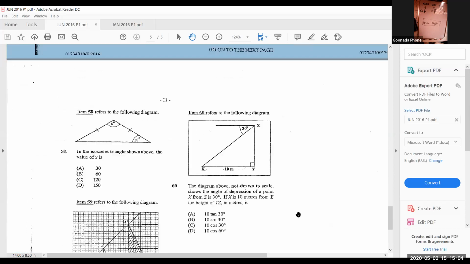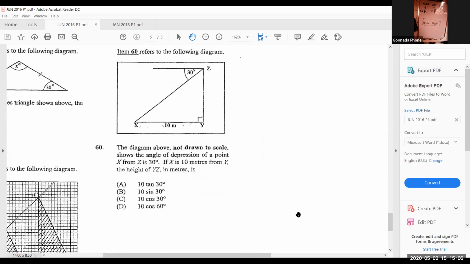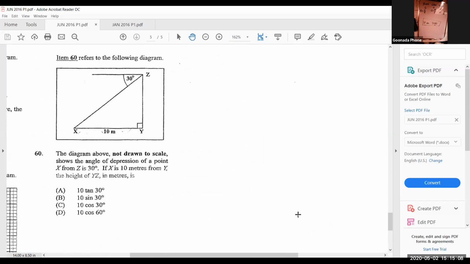Let's look at number 60. What do you all think is the answer? The diagram above, not drawn to scale, shows the angle of depression of a point X from Z. It's 30 degrees. If X is 10 meters from Y, the height of YZ in meters is?